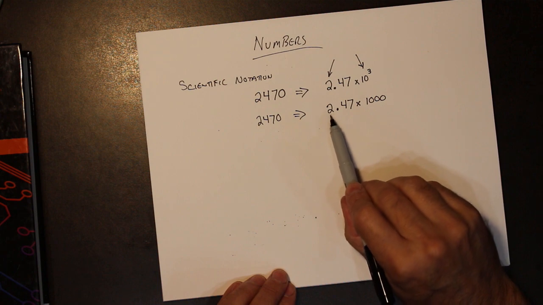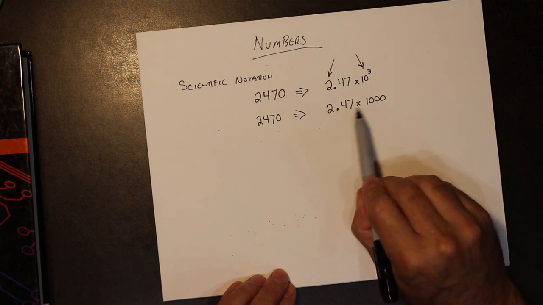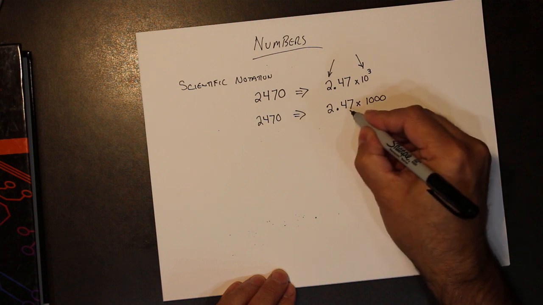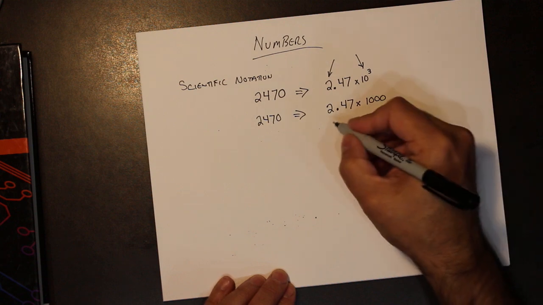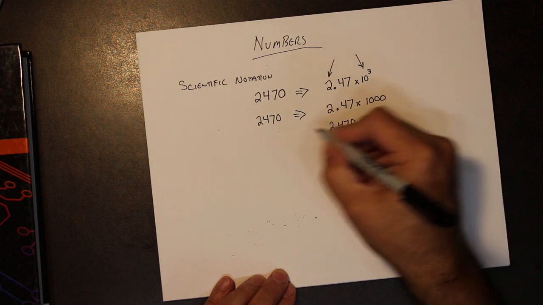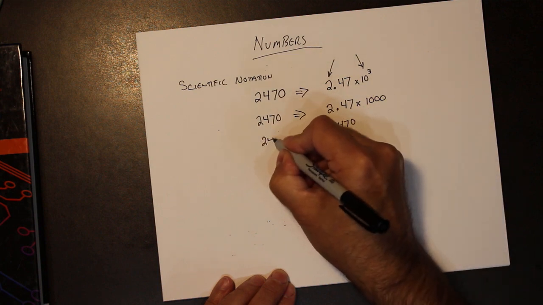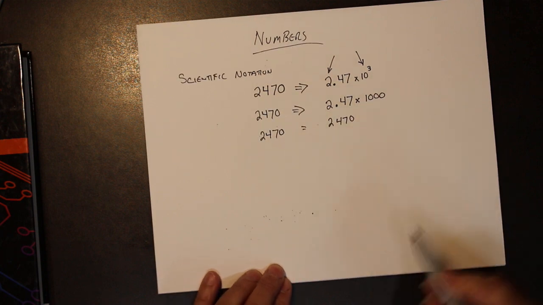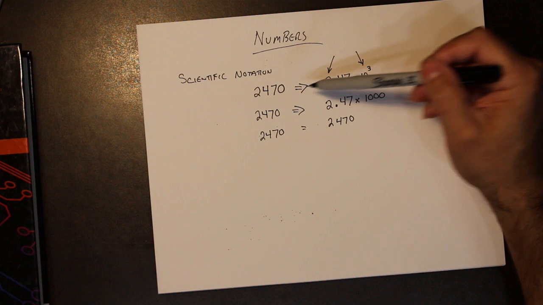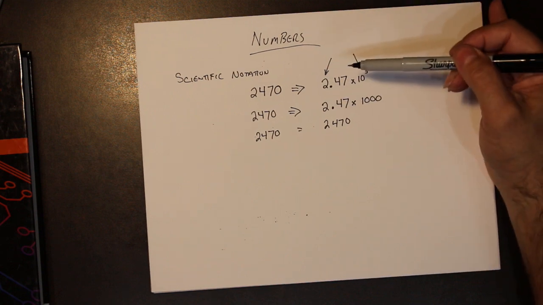So that works out to be 2.47 times 1,000, which is 2.47 thousand, or 2,470. So scientific notation is a way of representing a number in a particular form.